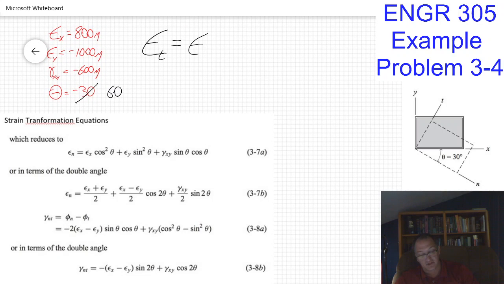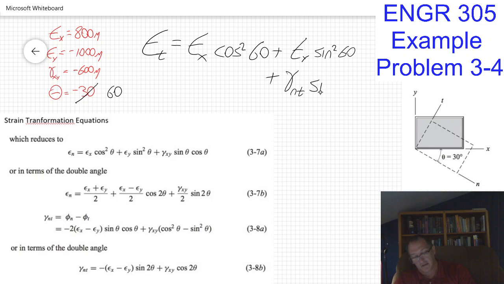So that's the strain in the X direction times cosine squared of 60, plus the strain in the Y direction times sine squared 60. I'm running out of space. I didn't realize it. Plus gamma NT sine 60 cosine 60. Well, that looks pretty good.